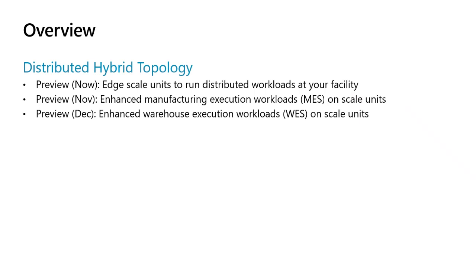In the manufacturing space, there are some enhancements around being able to register material consumption for production and batch orders, as well as being able to start production and batch orders from the workload on the edge or scale unit. And then on the warehouse side, we have some enhanced support for being able to complete the full wave process on the scale unit, as well as being able to do some exception handling of work such as short picks.